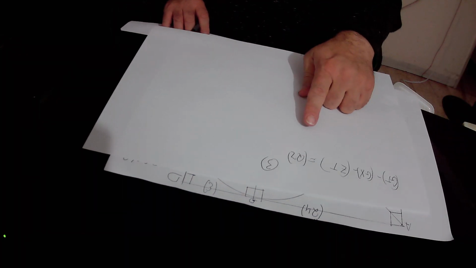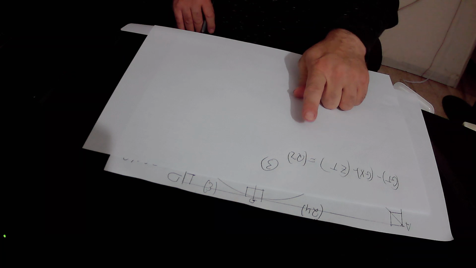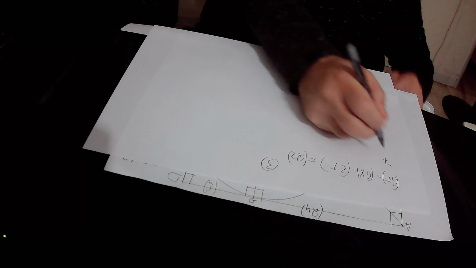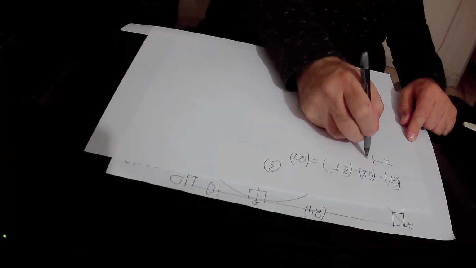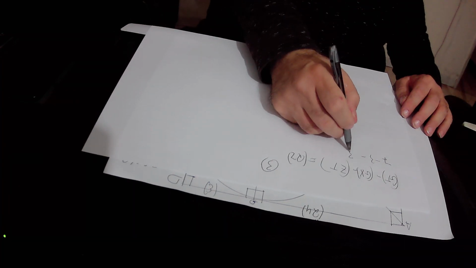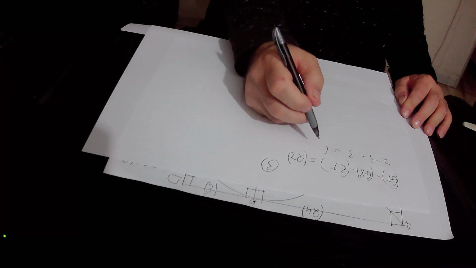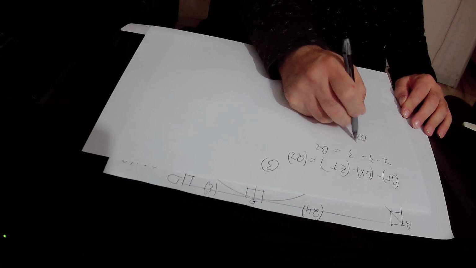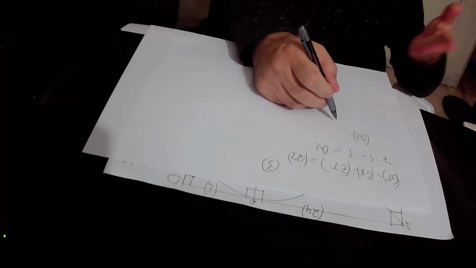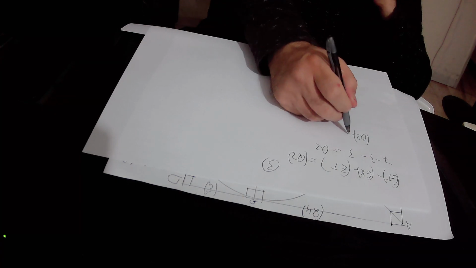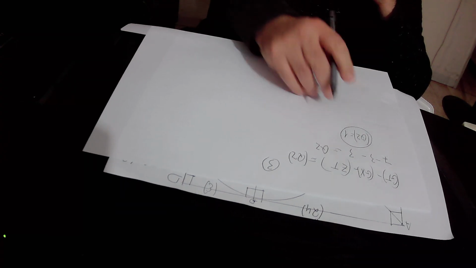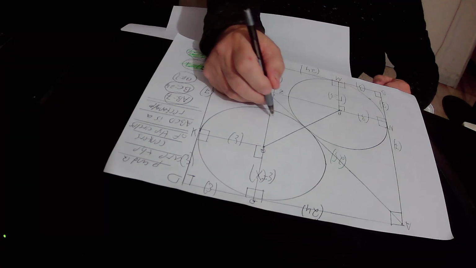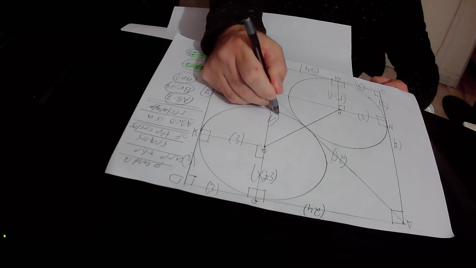The missing side QZ must be equal to GT, that is 7, minus GQ, that is 3, minus ZT, that is also 3. So in total, the missing side QZ equals 7 minus 6, that is 1. So we found out that the missing side QZ equals 1 unit in its length.